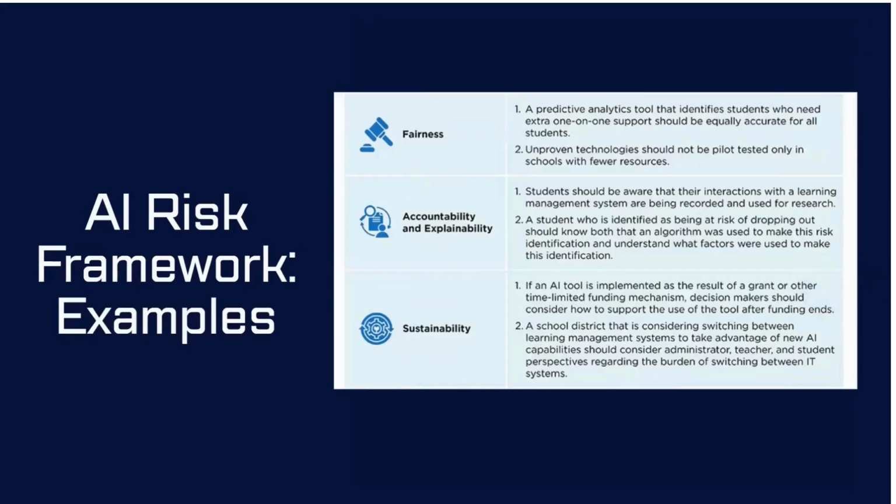A couple of the risks that I think are top of mind in educational AI are fairness, accountability, and sustainability. So within any AI implementation, we should be very aware of who this is being tested on and who this work is for.